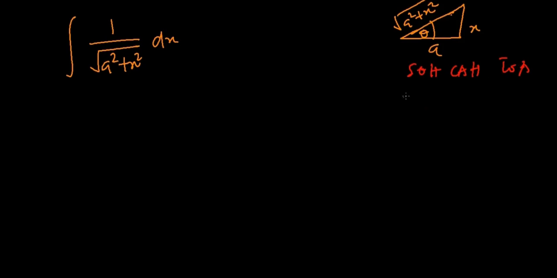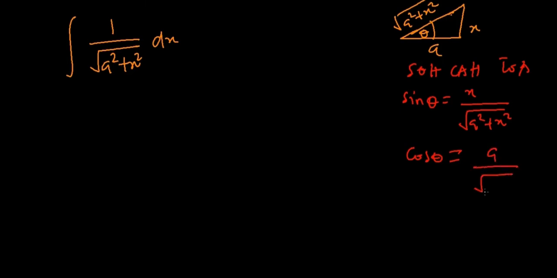For the sine of theta, we got opposite over hypotenuse, that's x over the square root of a squared plus x squared. And then cosine of the angle, we got adjacent over hypotenuse, that's a over the square root of a squared plus x squared.